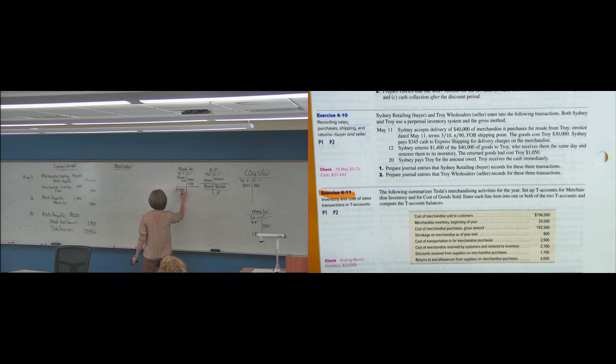37,787. Okay. And what is this supposed to equal? Who remembers? I wrote this on the board several times when we were talking about purchases. A little bit more specific than that. No one wrote it down. I wrote it next to that account number a couple of times, what that's supposed to equal.